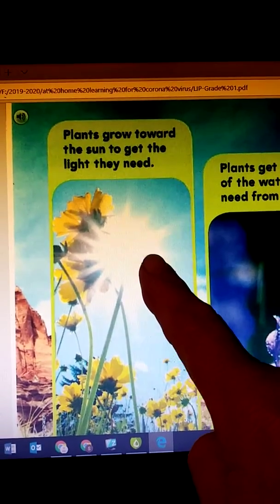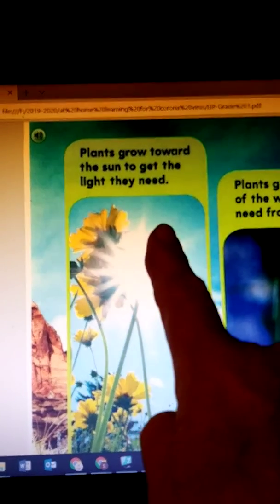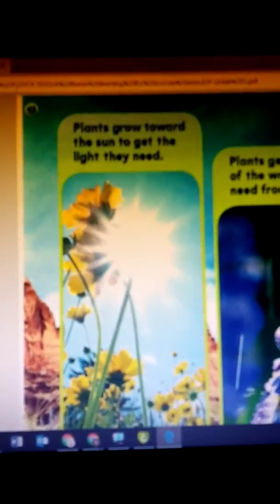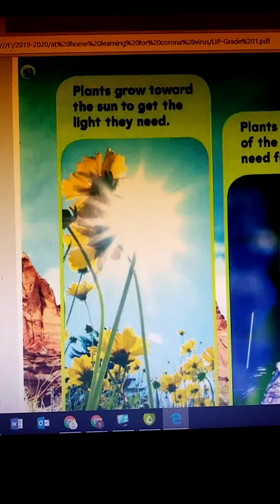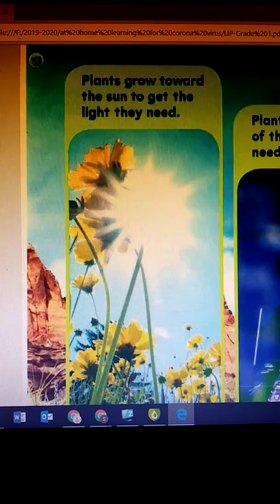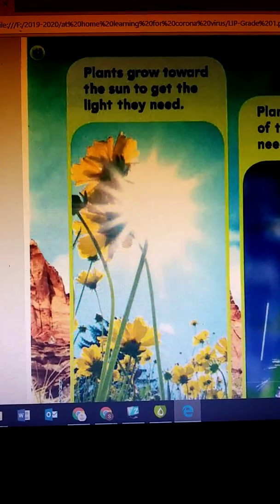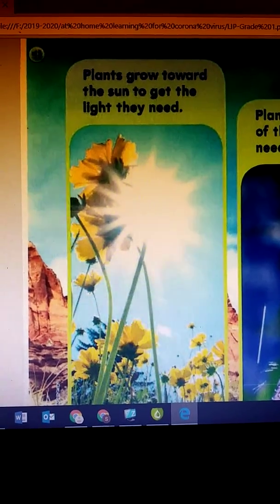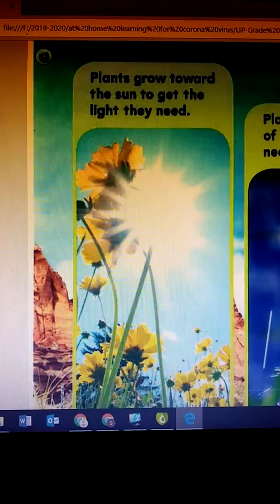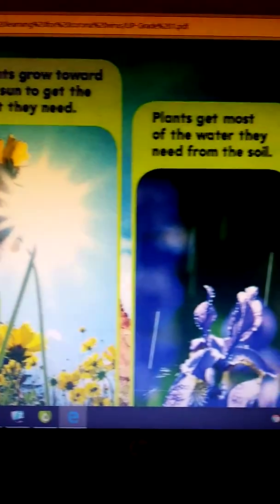Well, here's the sun, and here are the plants. The plants will always grow towards where the sunlight is. I have some plants in my kitchen on the windowsill, and I have to change the direction they're growing every single day because that window gets a lot of sunlight, and every day their leaves and stem turn towards the sun. So wherever the sun is, that's where the plants grow towards.